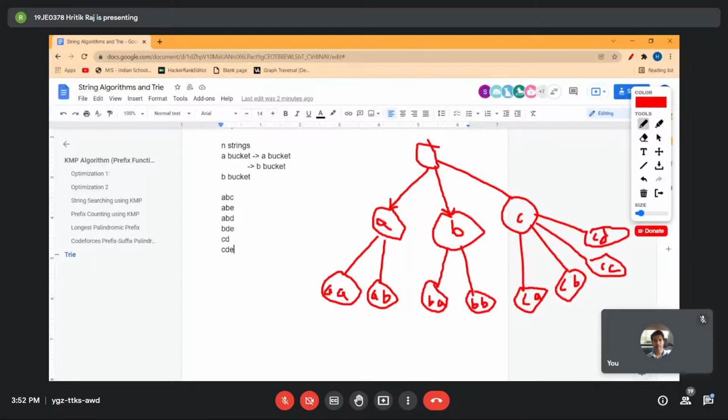Okay. And again, this will continue for every node. We are having a bucket for every one of the characters.